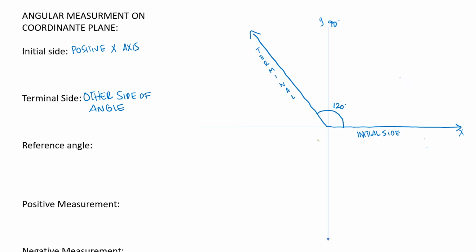Now the reference angle is always, you take the terminal side, and it's the angle between the terminal side and the x-axis. I should say the smallest angle between the terminal side and the x-axis.